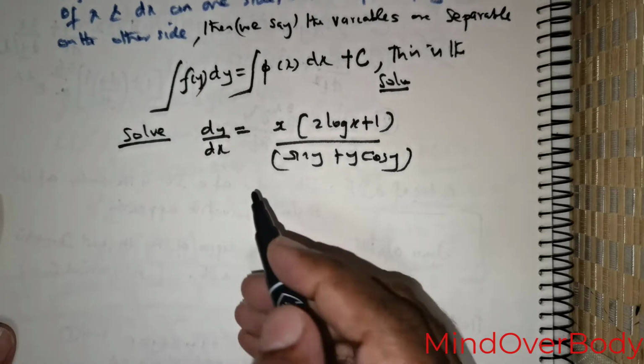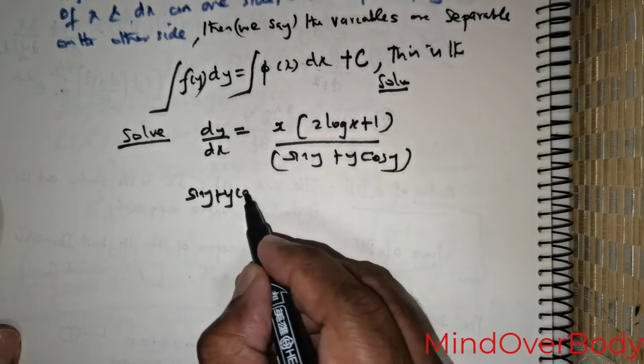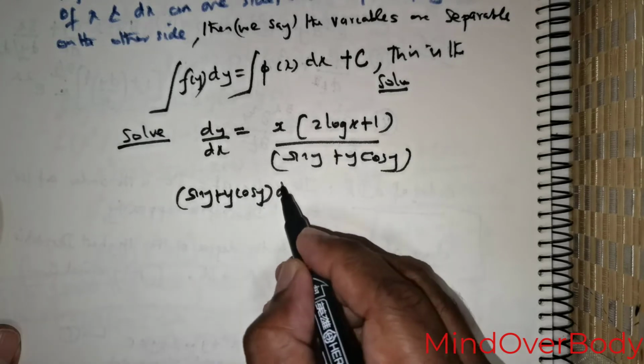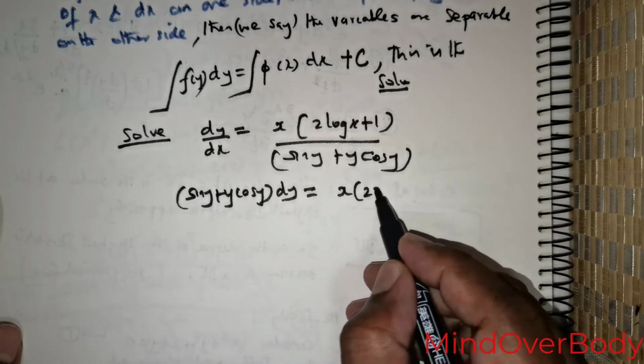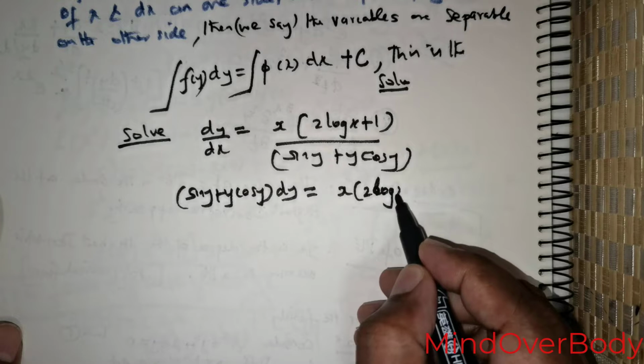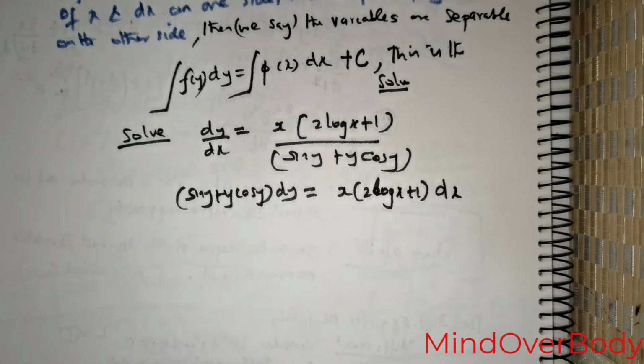So this is going to be (sin y plus y times cos y) times dy is equal to x times (2 times log x plus 1) times dx. So this is what we've got. Now we can clearly integrate this.